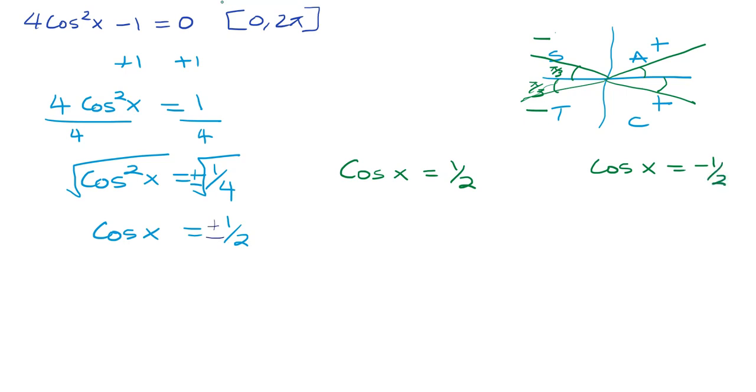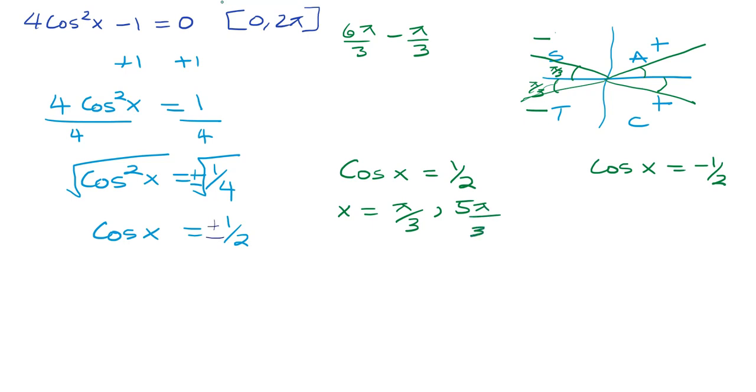If cosine x equal to positive 1/2, we're going to have x equal to pi over 3, and also x is going to be 2 pi minus pi over 3. So 6 pi over 3 minus pi over 3, which is going to be 5 pi over 3.